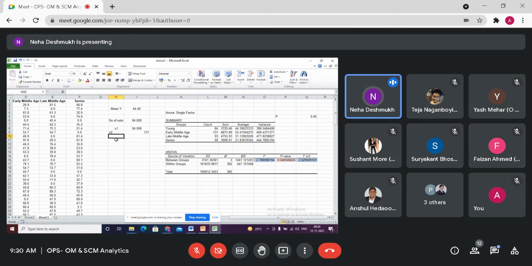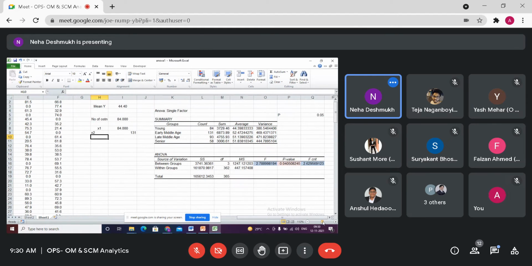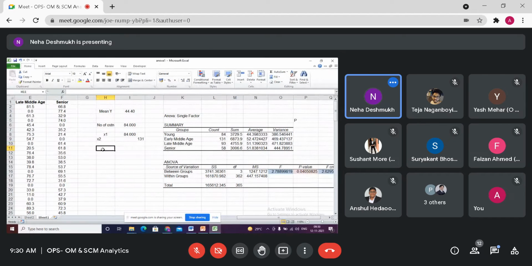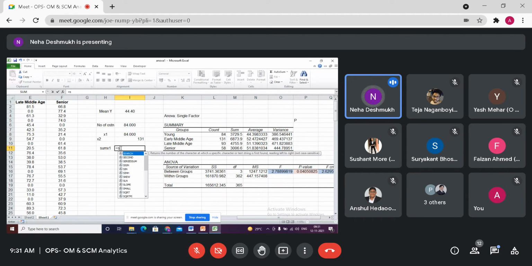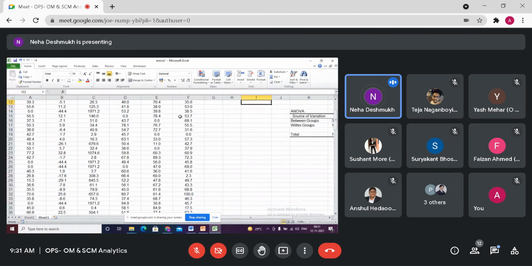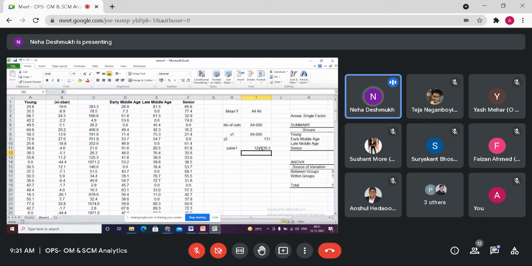So first apply the summation. What to do for the summation? Sum value for x1, equal sum, add all these values, right?